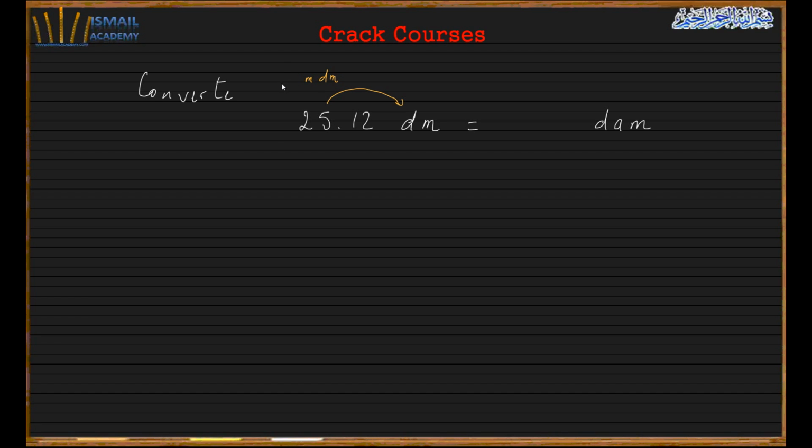The tens, which is deca. You see? After here, we have the decameter. That means in this position we have deca, but there's nothing here. So I put 0. I just moved the dot to this position. That means my answer here is going to be 0.2512 decameter. You see, just the place value.